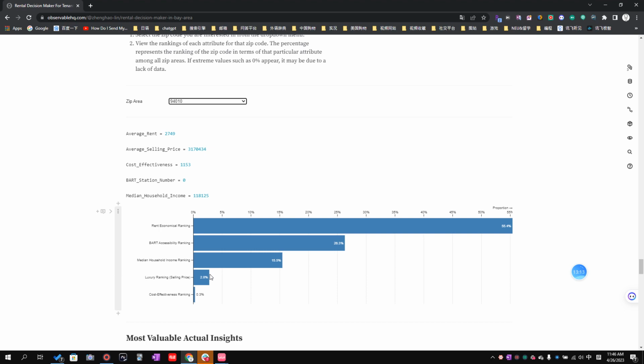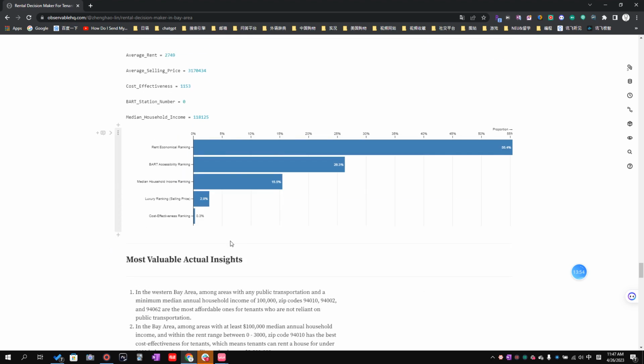So if you can rent a house of about $3 million with only $3,000 per month for the rent, then I guess this one should be considered cost effective from our common sense perspective, right? And you can see the cost effectiveness here is ranked almost the top percent among all zip code areas. So as we demonstrated before, the cost effectiveness is the highest compared to all other zip code areas.